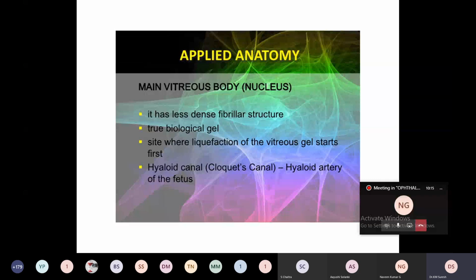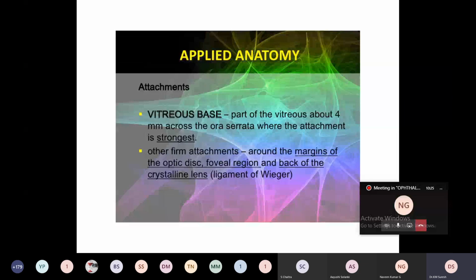You must remember various firm attachments of the vitreous. It is firmly attached near the vitreous base, the part of the vitreous about 4 millimeter across the ora serrata, where the attachment is the strongest. That particular part, this 4 mm, where it is attached firmly across the ora serrata, is referred to as vitreous base.